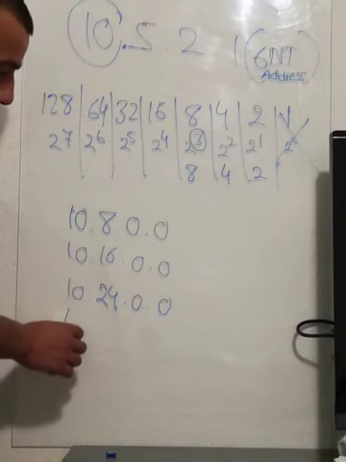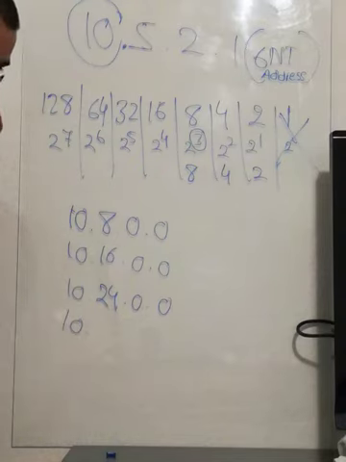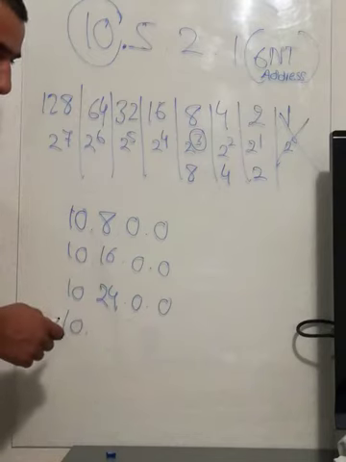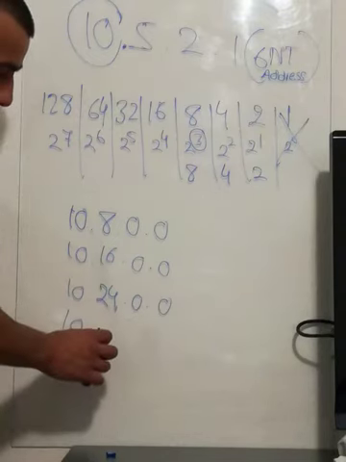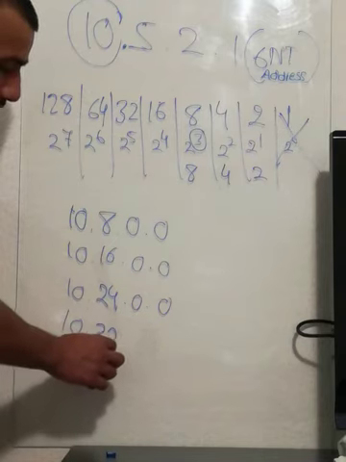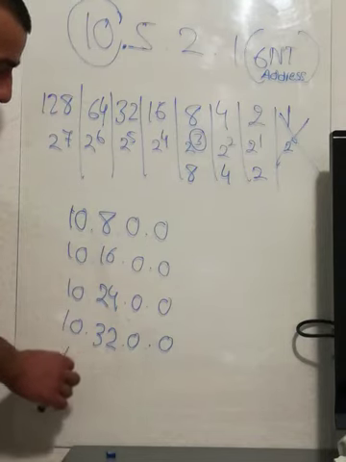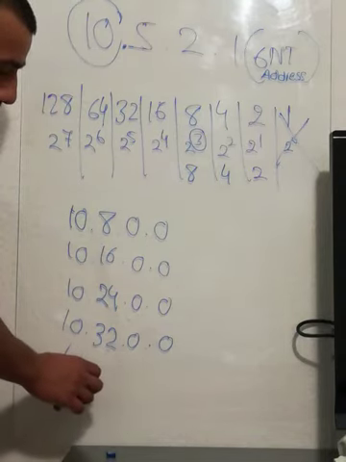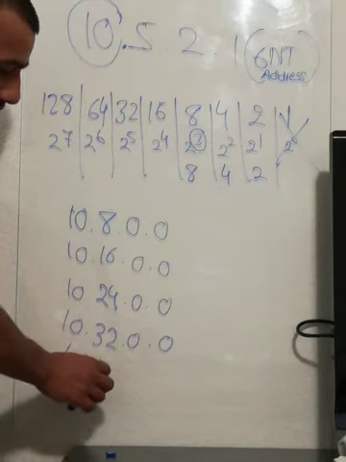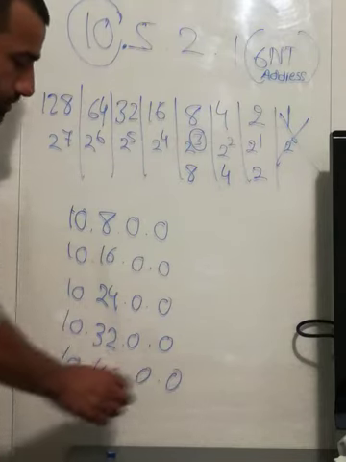The fourth IP address will be 10.32.0.0. The fifth IP address will be 10.40.0.0.